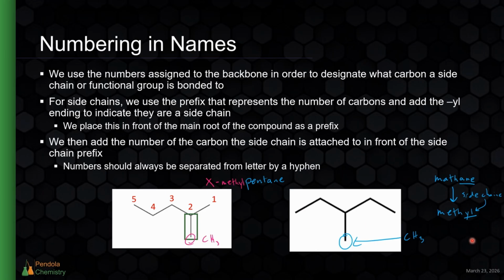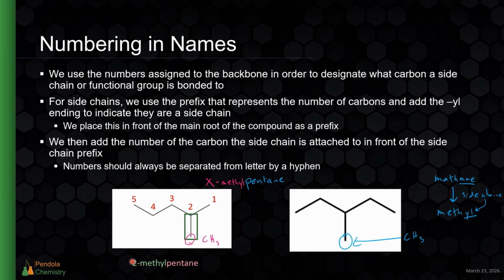If it was 2 carbons, it would be ethyl. If it was 4 carbons, it would be butyl. If it was 8 carbons, it would be octyl, etc., etc. And then we're going to use a number, separated by hyphen, to distinguish which carbon that methyl side chain is attached to.